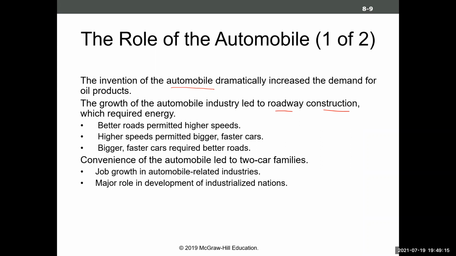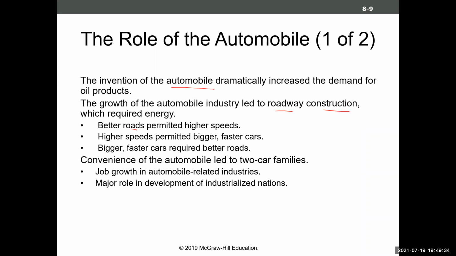And so the roadway construction and automobile industry really revolutionized how people live, how we use energy, and the demand for energy across the world. And as the automobile industry got better, you get better roads.